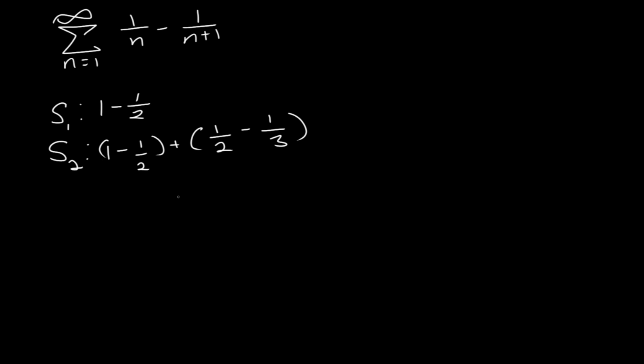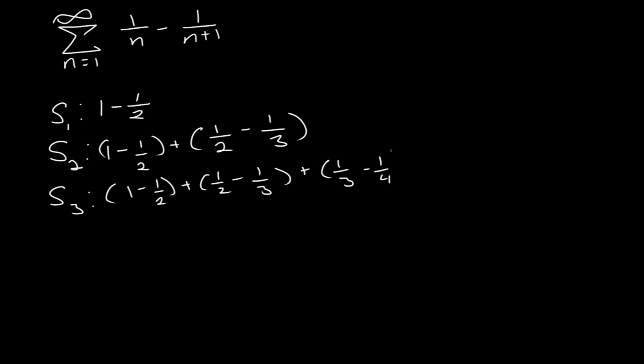And the trick with these is you usually want to go 4 terms in. So if we start at s of 1, we want to go to s of 4. So we're going to try out s sub 3 right now. 1 minus 1 half plus 1 half minus 1 third plus 1 third minus 1 fourth.